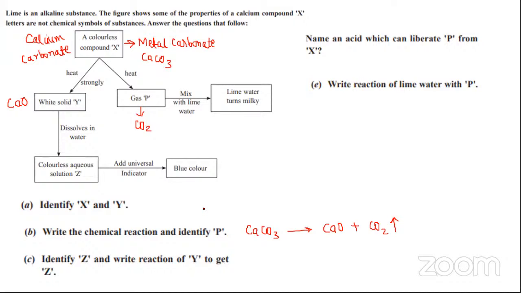Those who have done the first three parts do this one. Name an acid which can liberate P from X. P from X. Z is calcium hydroxide. Correct.